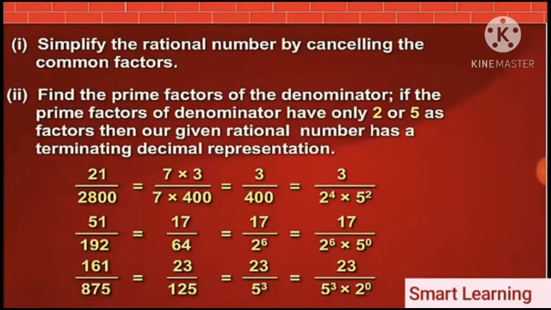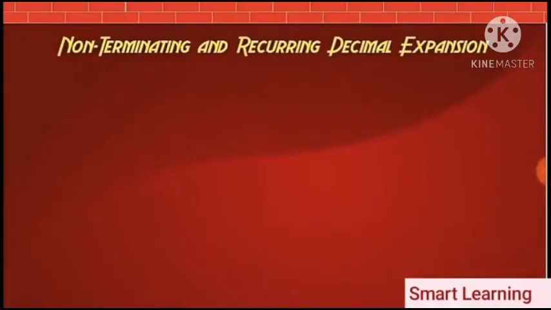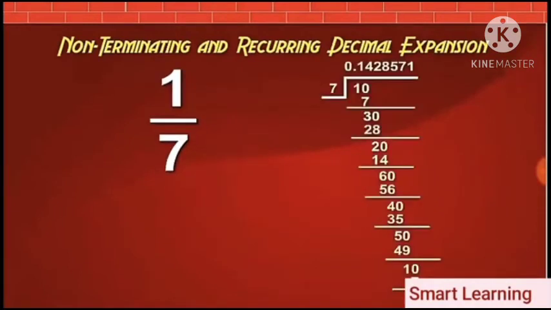Now let us move over to the rational numbers whose decimal expansions are non-terminating and recurring. Let us see the long division of 1 upon 7. Here, remainders are 3, 2, 6, 4, 5, 1, 3 and so on, and the divisor is 7.